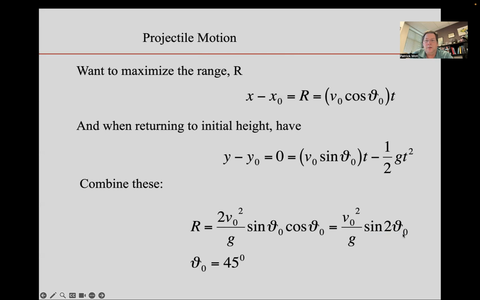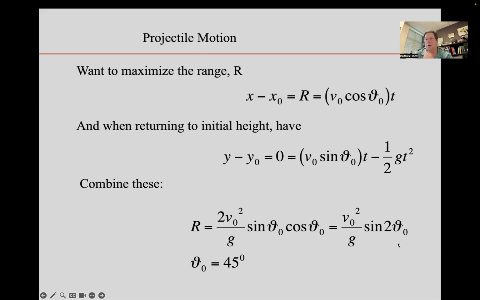And this gives us one of the immediate results for projectile motion. The optimal range, the maximum range, is going to be attained when the launch angle is 45 degrees, because then twice 45 degrees is 90 degrees, and that gives you the maximum value of sine theta being 1.